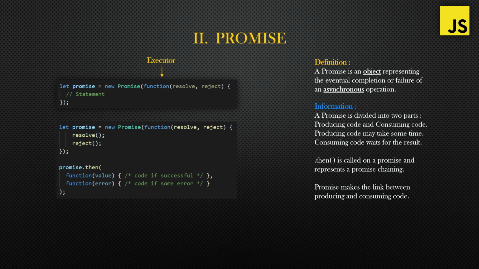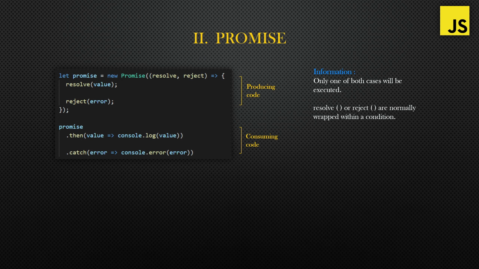A promise is divided into two parts: the producing code and the consuming code. The producing code may take some time. This is why this is called an asynchronous operation. And the consuming code will wait for the result produced by the producing code.